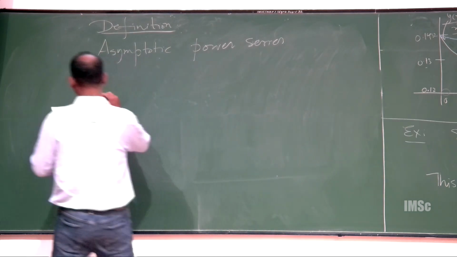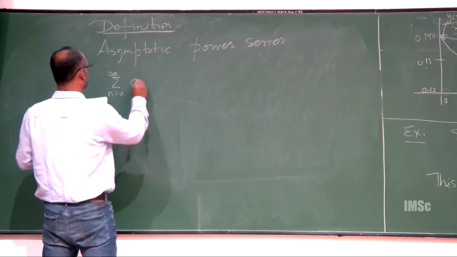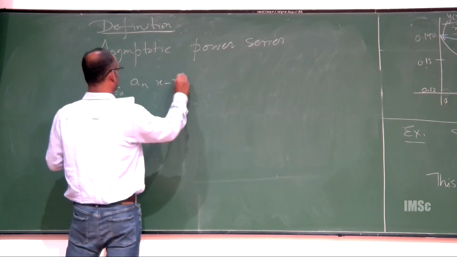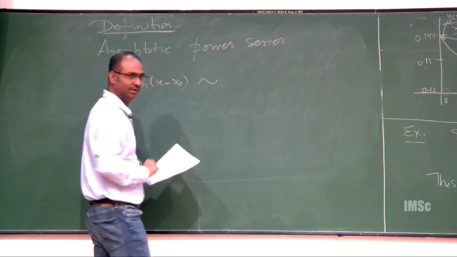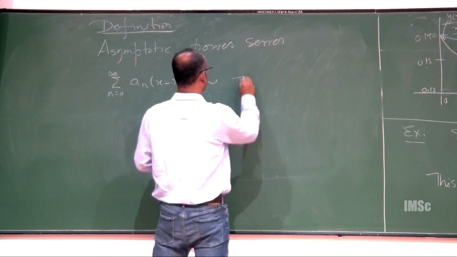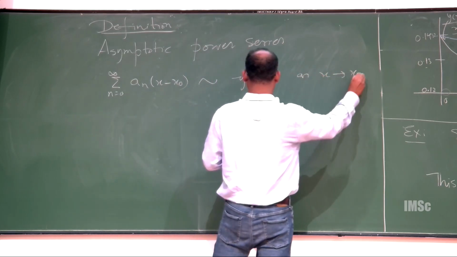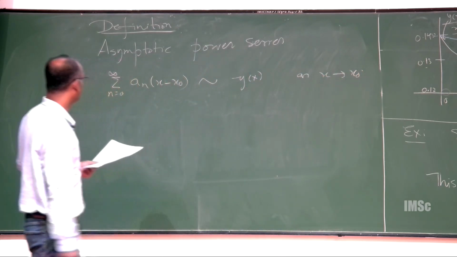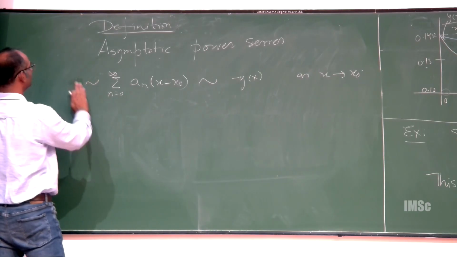So a power series is said to be asymptotic to a function y of x as x goes to x naught. You can write it this way, or even better this way.